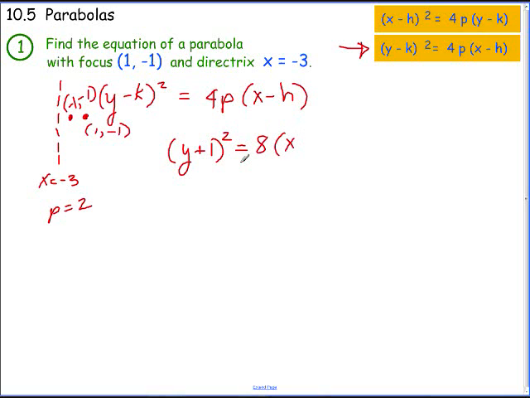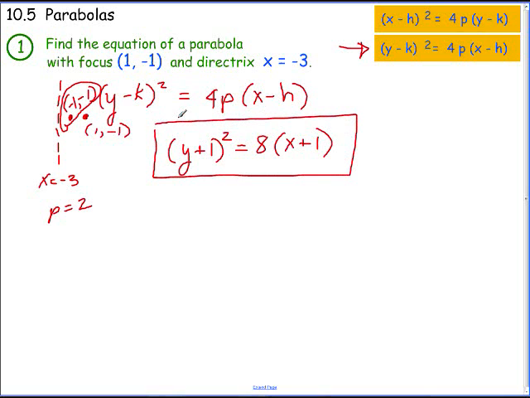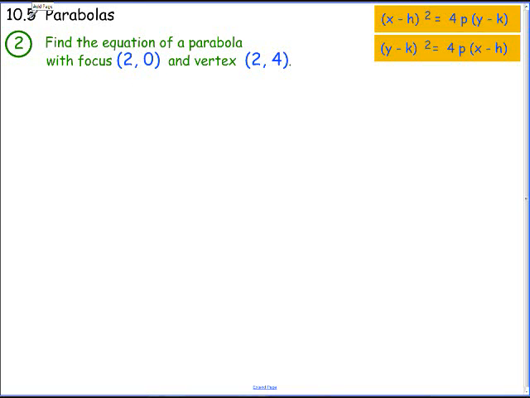X, and here's my vertex, right? This is the one I'm interested in for finding my h. Also a +1. So there's my equation. Drawing the little sketch helps.